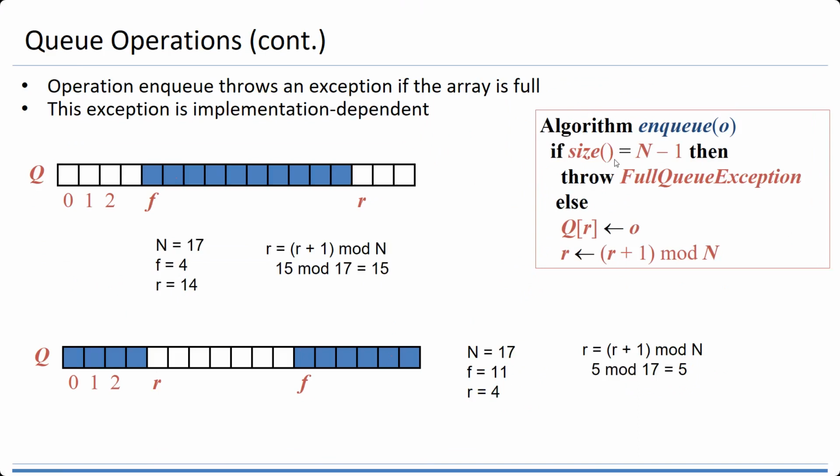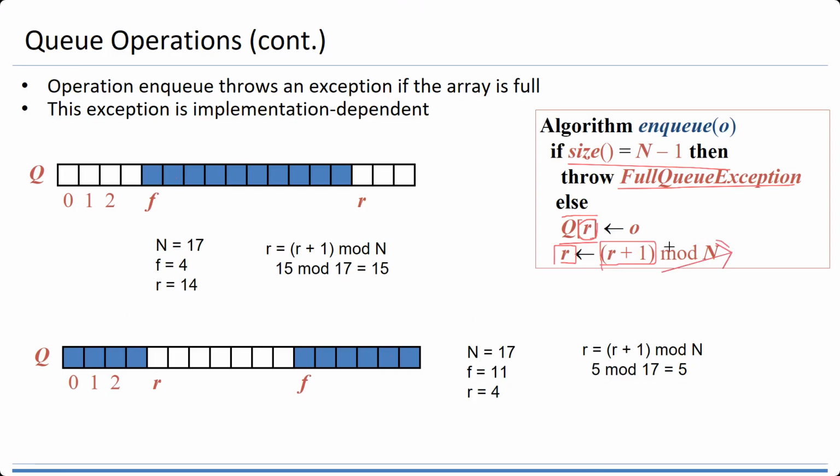If the size equals N minus 1, then we say that it is already full, so you cannot put another item. If it is not the case, then let's put the new item in the R position, the rear position. And after you put it at R, let R equal R plus 1 mod N.